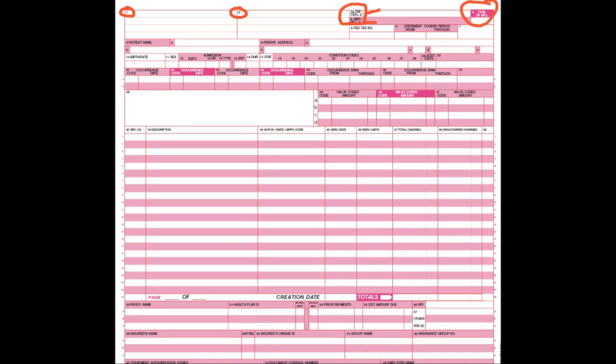Another area is the type of bill. Is this an inpatient hospital stay? Is it an outpatient hospital visit? Is it an emergency department? Then we have, of course, the tax ID number, and something I want to just reiterate. A lot of this information is put in the system when it's set up.